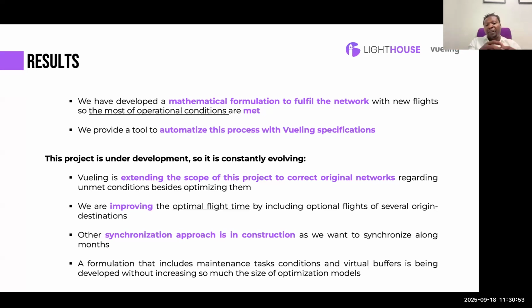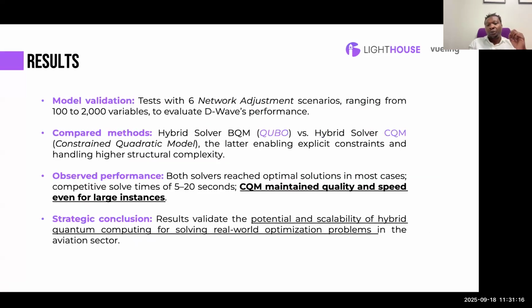And also we are improving in the optimal flight time also to include more optimal flight and several origin and destination. And also we are doing some kind of research about the synchronization approach, which we can improve and how can we improve them also to make it more feasible and easy to be used.